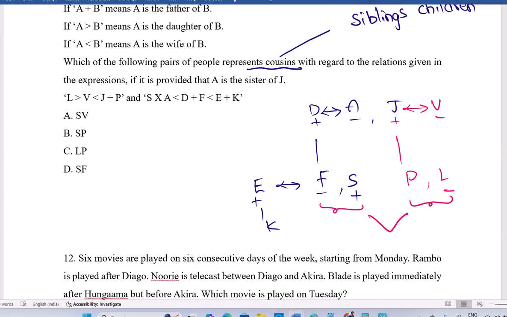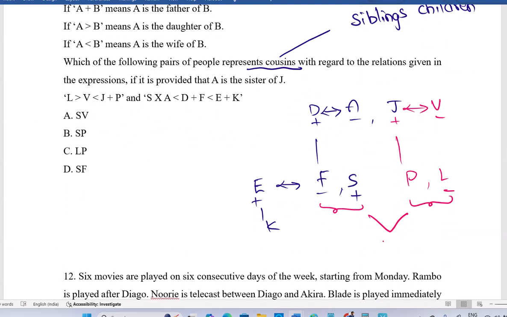L and P cousins? No, L and P are siblings. These pairs are cousins. S and V? No. S and P? Fine. L and P? No. S and F? No. S and P are called cousins. In fact, F with L, F with P, S with P, S with L, not only SP, SL, FP, FL, all these are cousins.